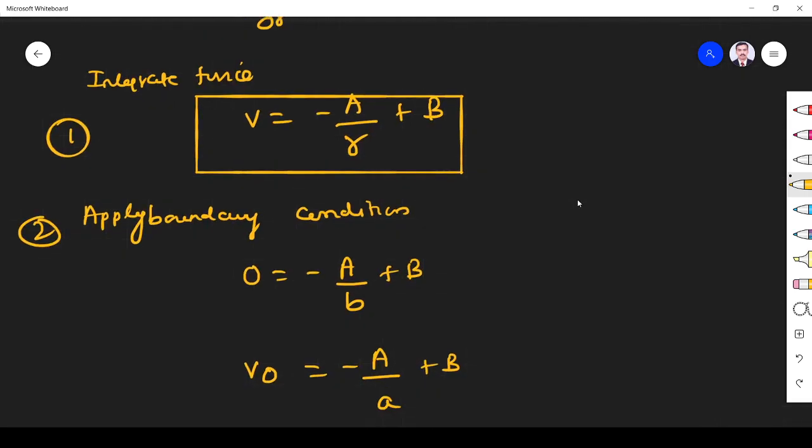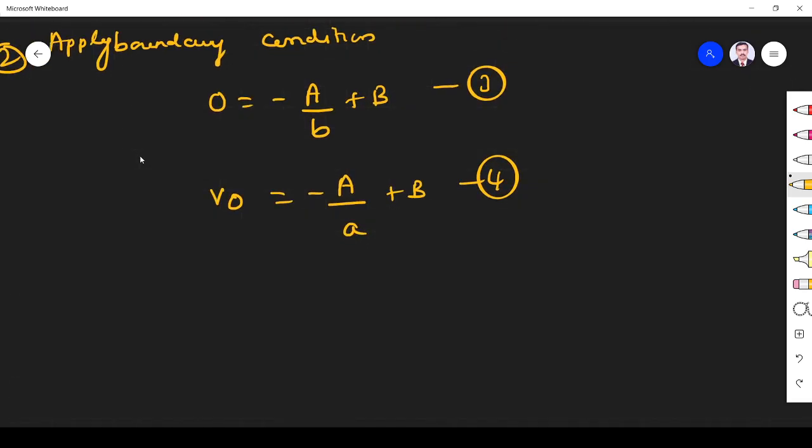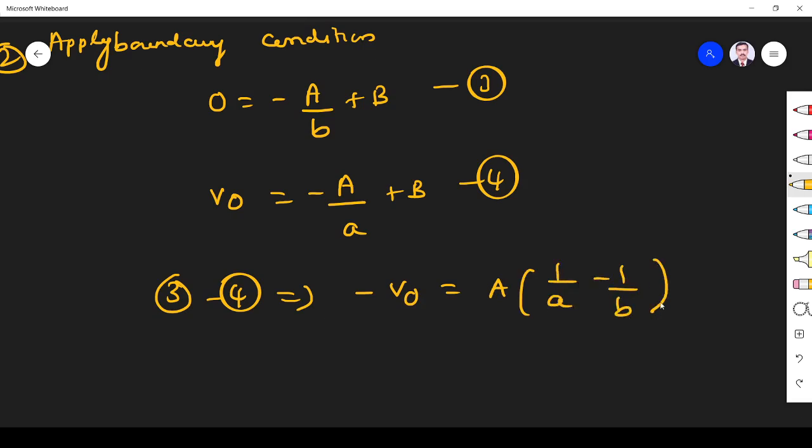So let us assume this is my third equation, this is my fourth equation. Subtract 3 minus 4: minus V naught is equal to a into 1 by a minus 1 by b.